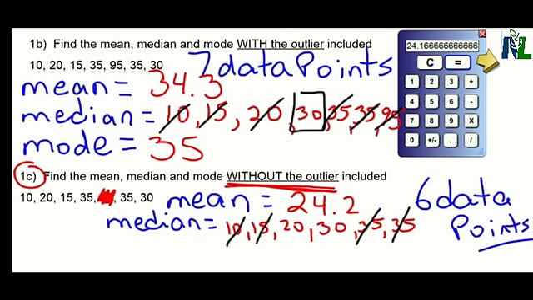Now there's two numbers in the middle of our data, 20 and 30. Whenever you have two numbers like this in the middle, you have to take both numbers and get their mean. So 20 plus 30 gives us 50. I divide that by 2 and I get 25. So the median here would be 25.